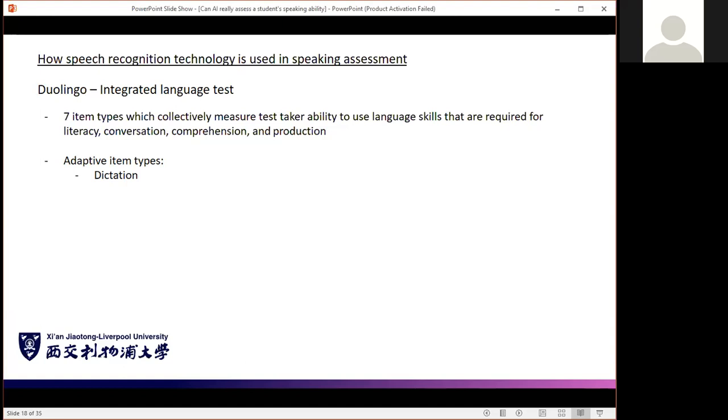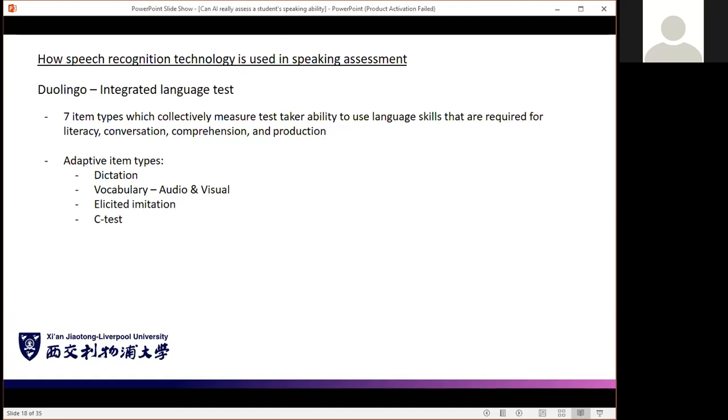And their tasks are a dictation, so listen and type yourself, vocabulary tests, audio and visual, so you hear a word, you type it, you hear a word, you pick it out from a list. Visual, you have to look for the nonsense words. Elicited imitation, basically parrot fashion, repeating what you've heard.